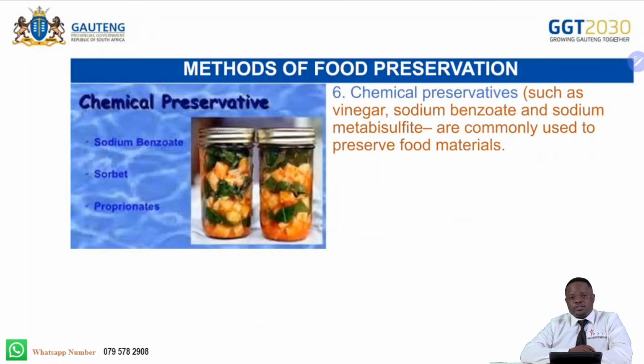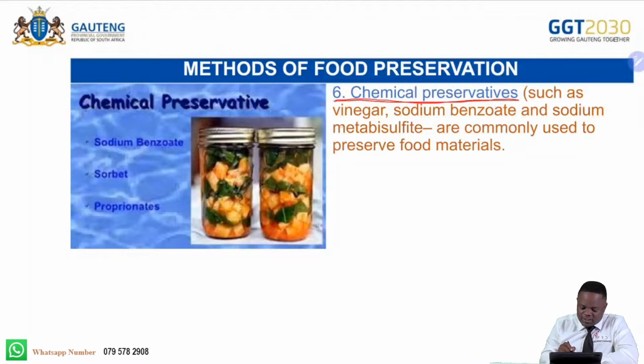Right, we can use chemical preservatives. Okay, chemical preservatives. A common typical example of your chemical preservative is vinegar, right? Vinegar, this is a common acid. We can refer to it as acetic acid, or what is called ethanoic acid, right?